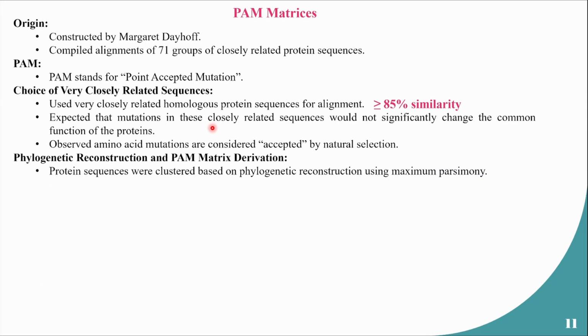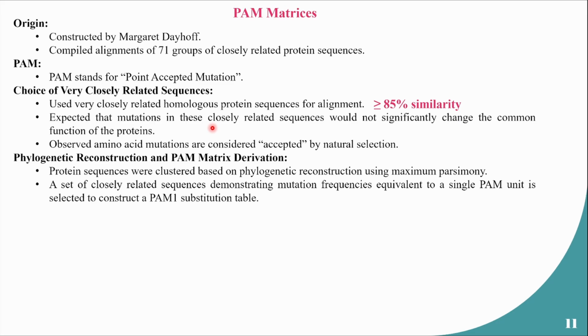The derivation of the PAM matrix is, firstly, the sequences are clustered using phylogenetic reconstruction. Then the mutation frequencies equivalent to a single PAM unit are constructed. And that will give the PAM1 substitution table. So one PAM unit, can anybody remind me what one PAM unit means?